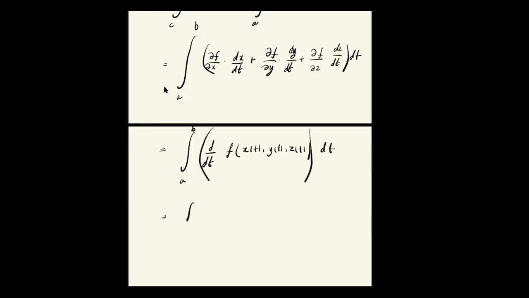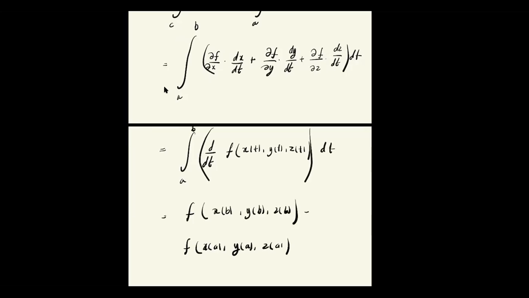And this is the function f evaluated at (x(b), y(b), z(b)) minus f of (x(a), y(a), z(a)).